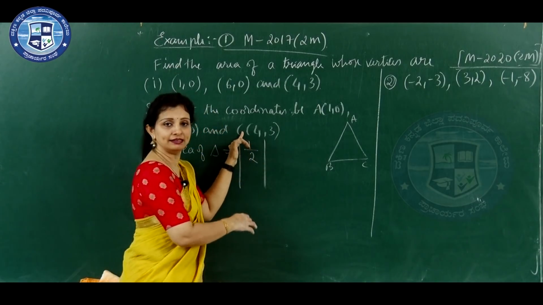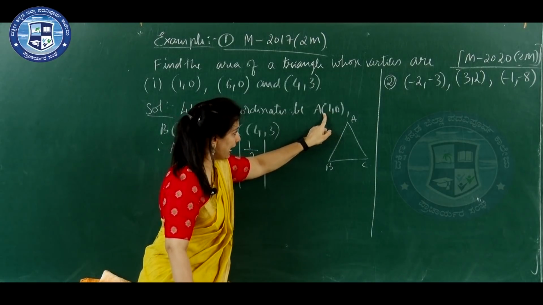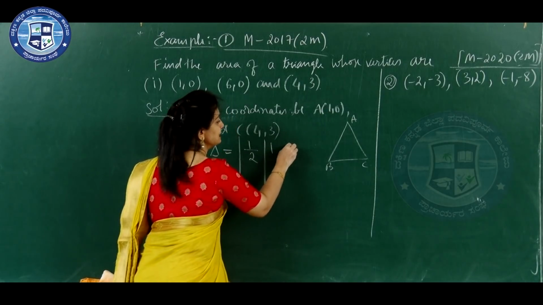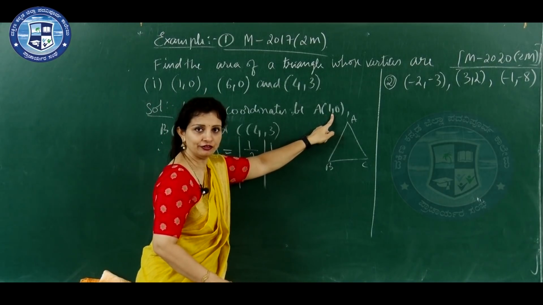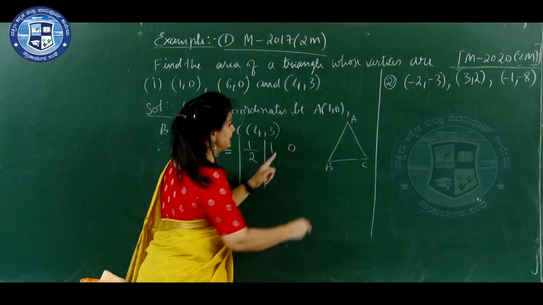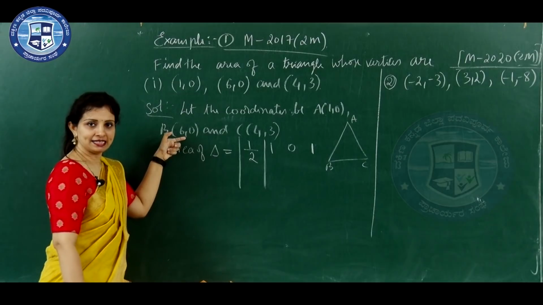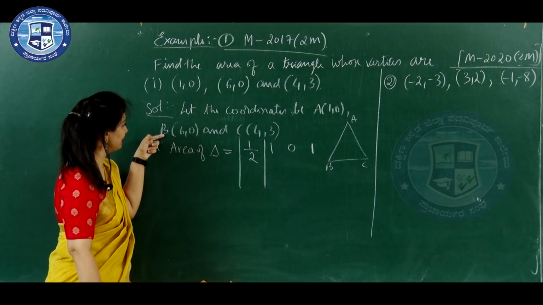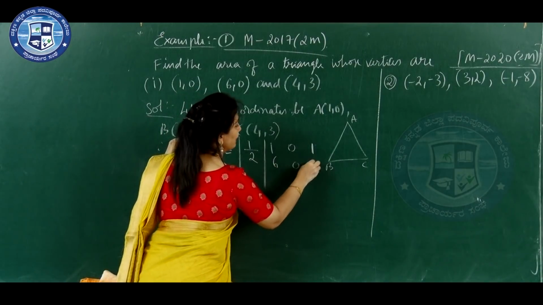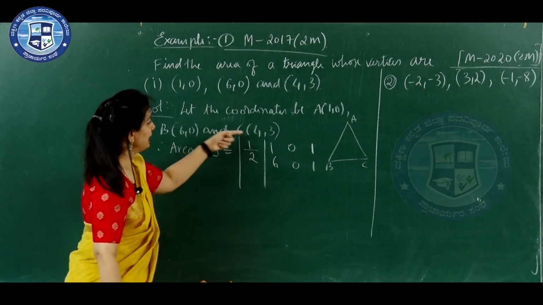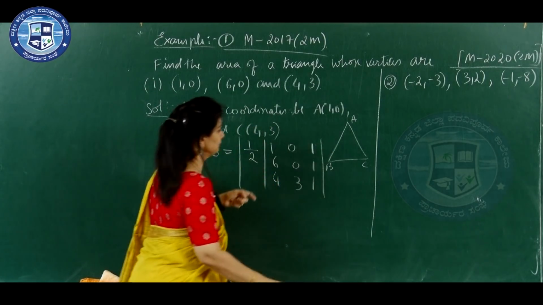So, we write the determinant value of the first vertex A, the coordinates are 1, 0. The first row elements are derived from the first vertex, so 1, 0, and the last column is always 1. The second vertex is B, its coordinates are 6, 0 and the third element is 1, and then 4, 3, and the next one is 1.